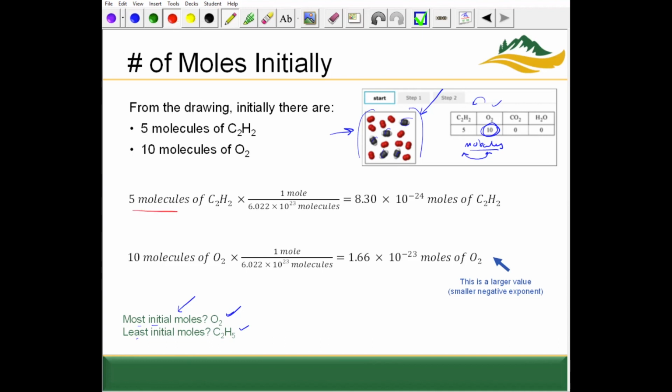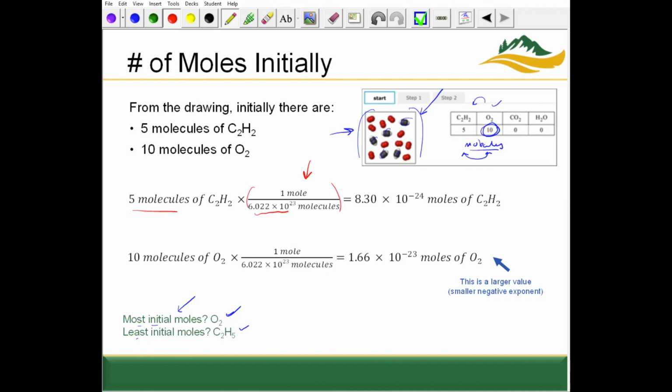So you start with 5 molecules of C2H2. We need to use this conversion factor with Avogadro's number. For every 6.022 times 10 to the 23rd molecules, this is 1 mole. When doing this in your calculator, be extremely careful to put this Avogadro's number in parentheses. So you want to take 5 divided by this whole number, but again, be really careful and put Avogadro's number in parentheses.